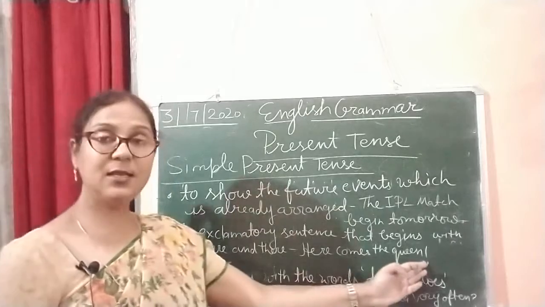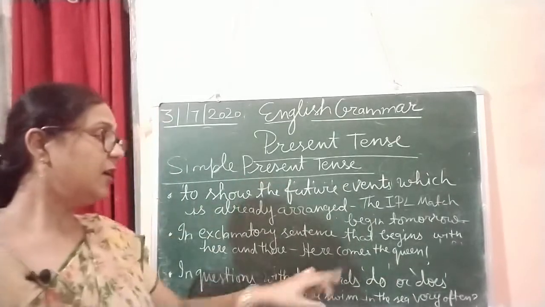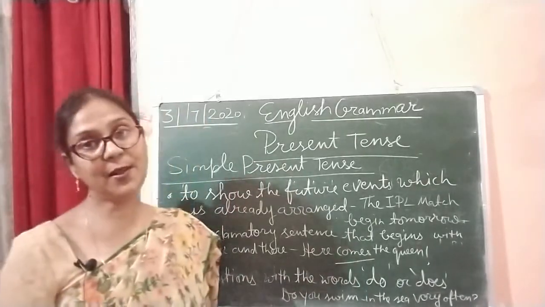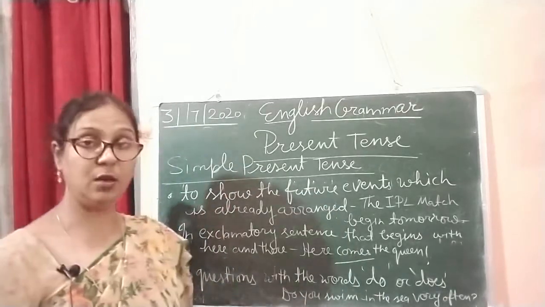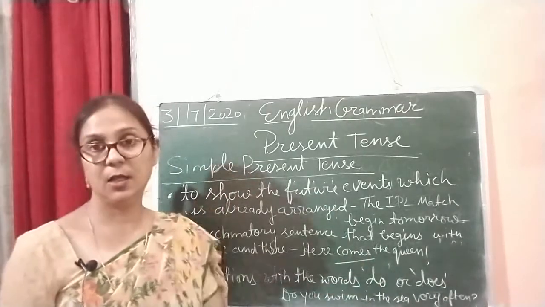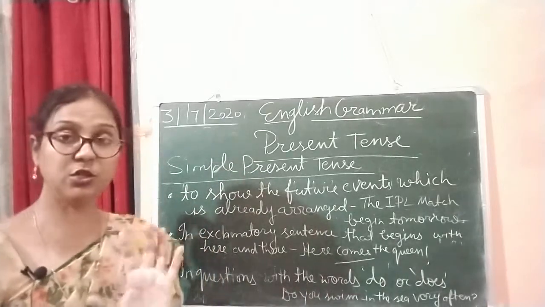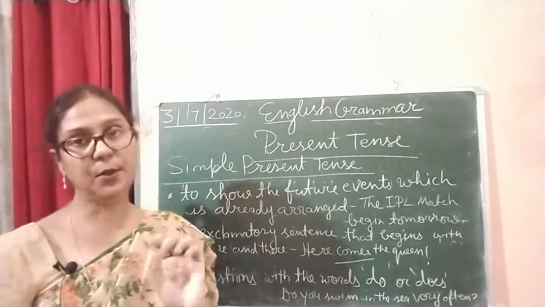Now this is an exclamatory sentence, but we have written here comes, because it is considered simple present tense. Now we are moving to questions with the word do or does. With the word do or does, whenever it is written in simple questions, asking questions, then we are supposed to use simple present tense.